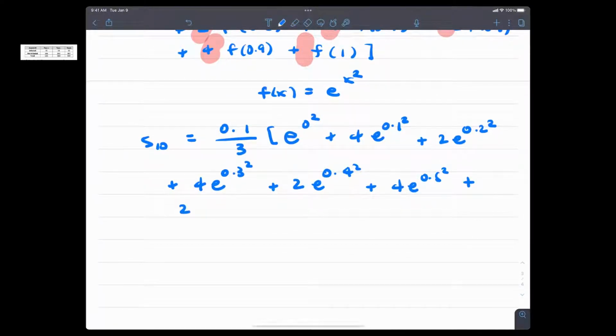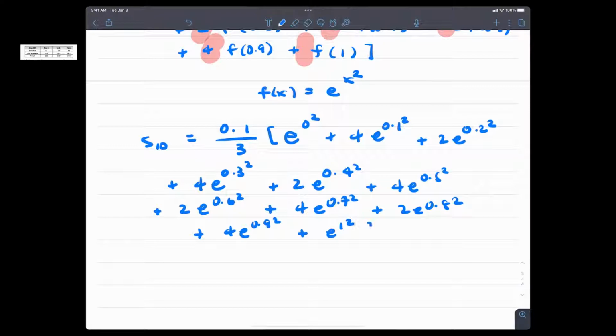Plus 2 e to the 0.6 squared. Did I miss 7? Good, I didn't mess up. Plus 4 e to the 0.7 squared, right? Plus 2 e to the 0.8 squared. Plus 4 e to the 0.9 squared. And then plus e to the 1 squared here.